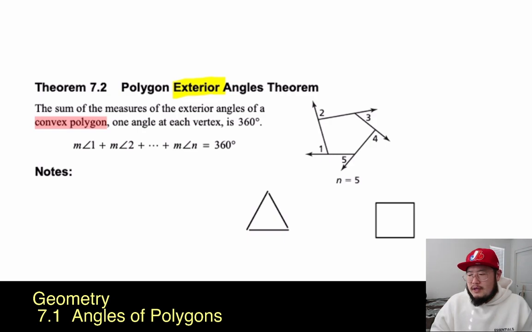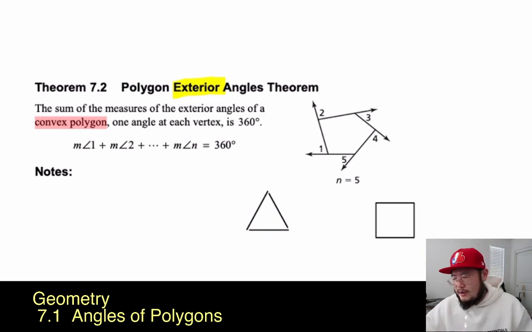So right here we have a 5-sided figure, a pentagon. It's saying that if you were to extend the sides, the exterior angles all combined equal 360 on any convex polygon.